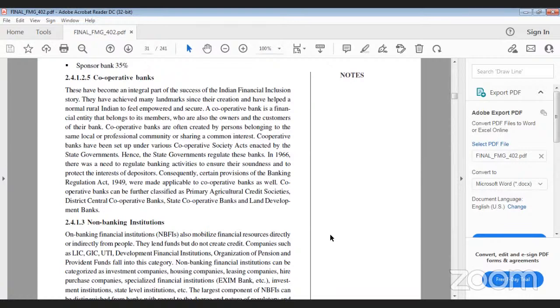Non-bank financial institutions also mobilize financial resources directly or indirectly for the people. They have funds, but they do not create credit.